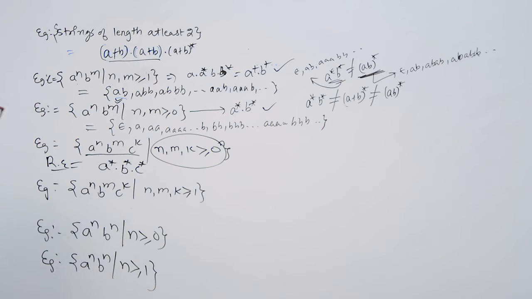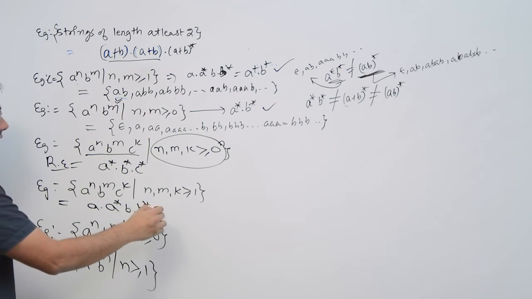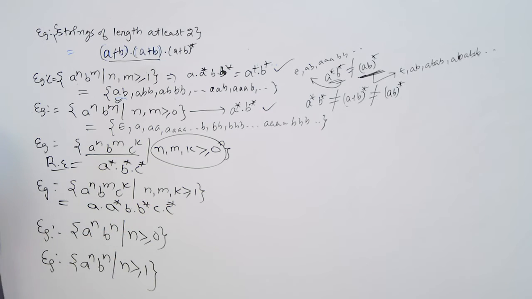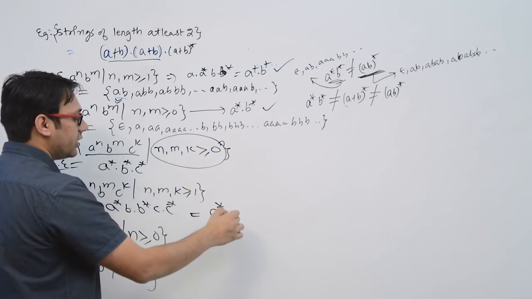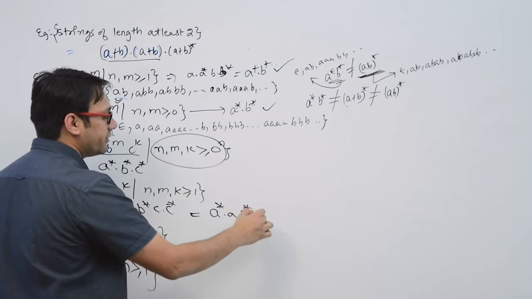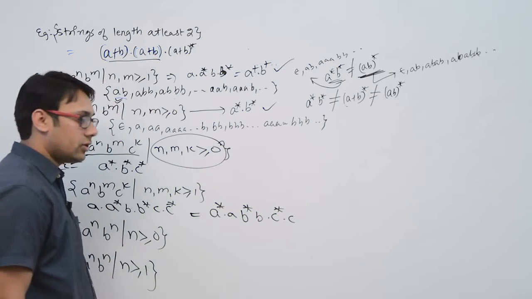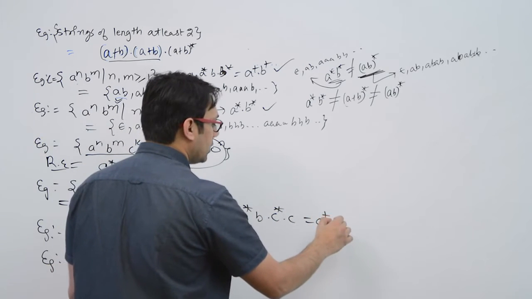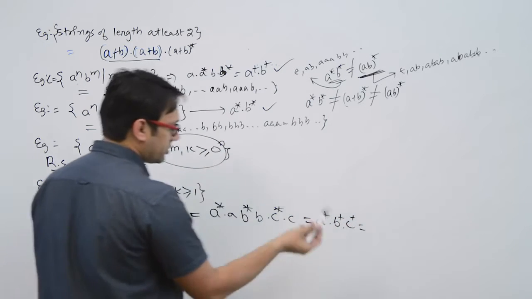Okay, fine. Now if you take this example here, the length should be at least 1. So either you can represent it like this: a concatenated with a star, b concatenated with b star, c concatenated with c star, or you can represent it like this: a star concatenated with a, or b star concatenated with b, or c star concatenated with c, or you can take a plus dot b plus dot c plus, or you can make any combinations of these.